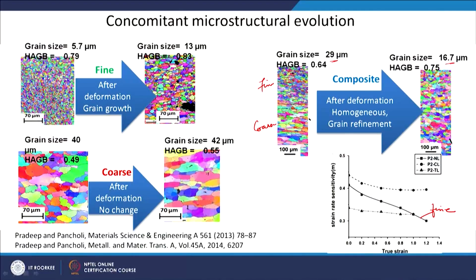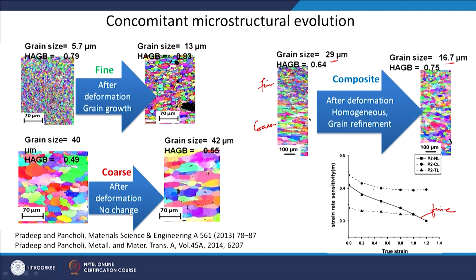As we saw, for fine grain size material the M was higher. For coarse grain, M was coming down, we saw one graph like that. So, because of this dynamic grain growth which is taking place, my M is continuously reducing. In the coarse grain material, of course, the M was low from the beginning and it remains low throughout the deformation process. There is no change in the microstructure.